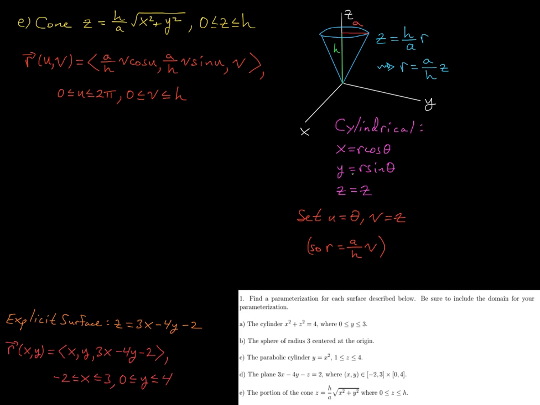And then for y, we'll get r, which is a over h times v, times the sine of theta, which is just going to give us the sine of u. And then lastly, z is just itself, and we're setting z equal to v, so we get just v for the k component. And here u varies from 0 to 2 pi, and v, just being z, varies from 0 to h. All right, that is going to do it.